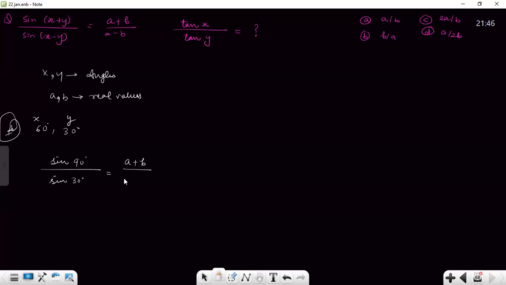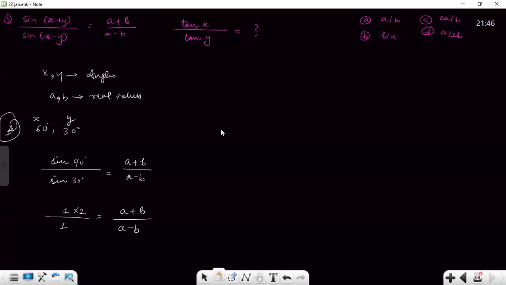Why? Because this is a given equation having four variables. If we assume only two variables, then we'll have a relationship between the remaining two variables, which can be of some use. Sine of 90 degrees is 1, sine of 30 degrees is 1 by 2, which is equal to a plus b divided by a minus b.